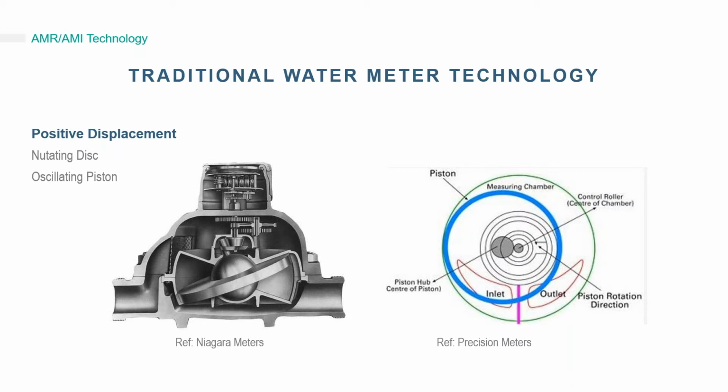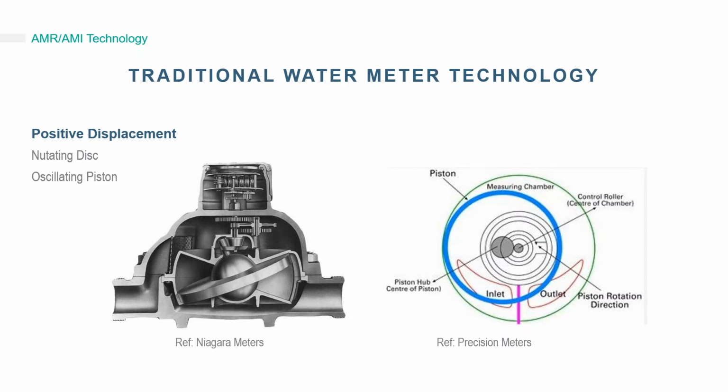Traditional meter technology. We're going to talk about two specific ones, one being positive displacement. There are really two primary types of positive displacement water meter technology. One's a nutating disc and one's an oscillating piston. Again, we could spend an hour just talking about these two things. It's not really important in terms of the AMR and AMI system.